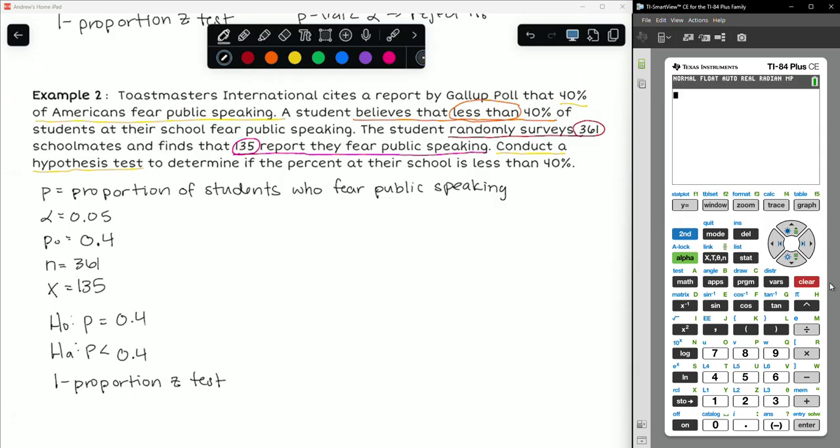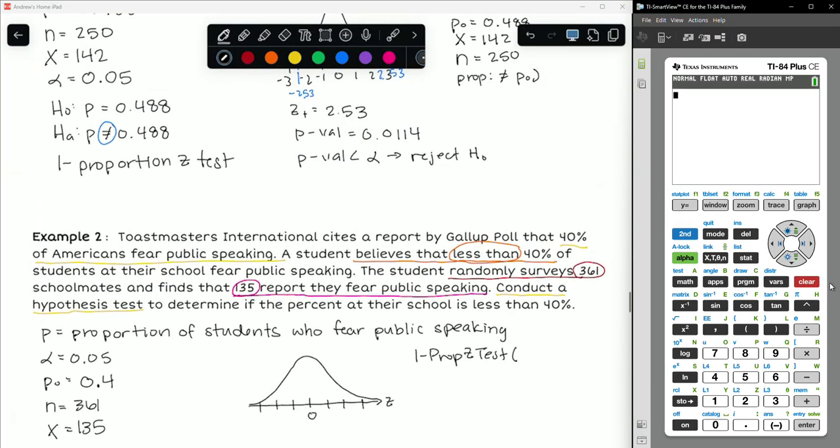So for the one proportion z-test, I'm going to set up my z curve, and then I'm going to fill out my information for the calculator. We know from the last problem they're going to ask us for claimed proportion, sample successes, sample size, and our alternative hypothesis.